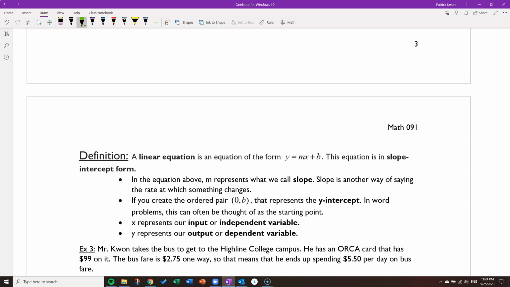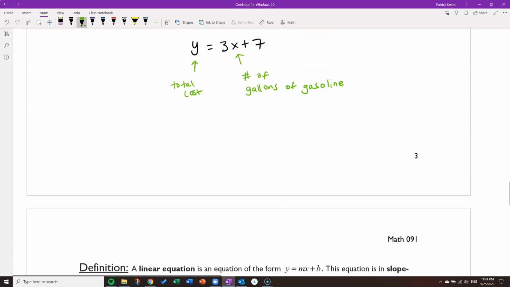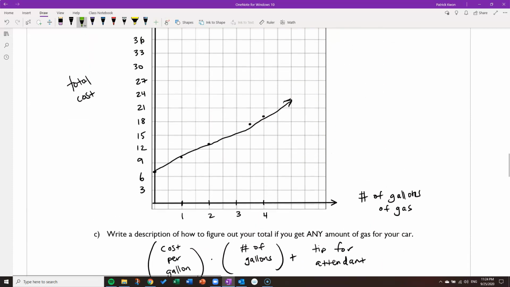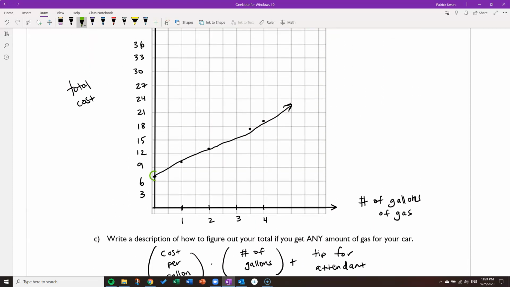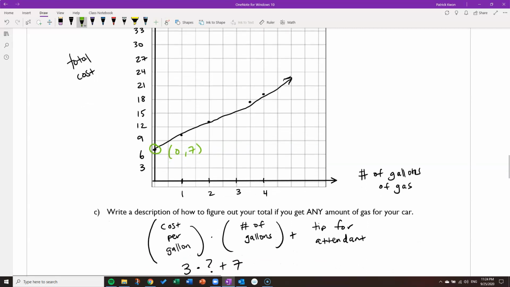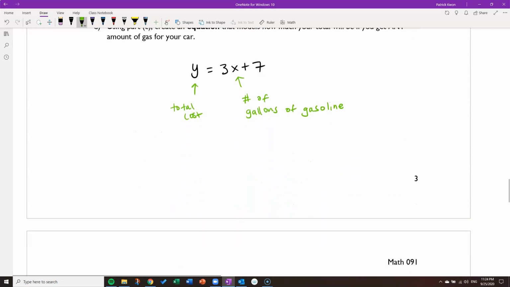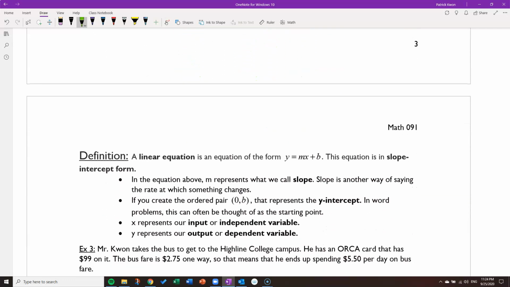In word problems, this can be thought of as the starting point. So if I go back up to this example, our y-intercept is this point here, which is 0, comma 7. And also in this equation, x represents our input or independent variable, and y represents our output or dependent variable.